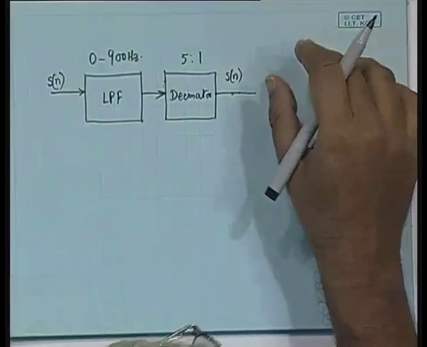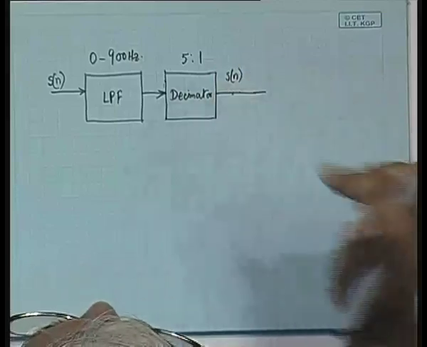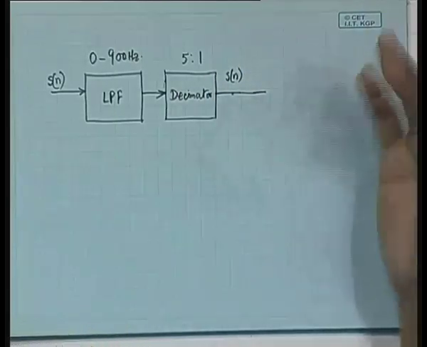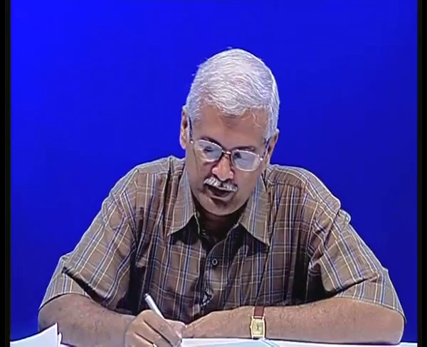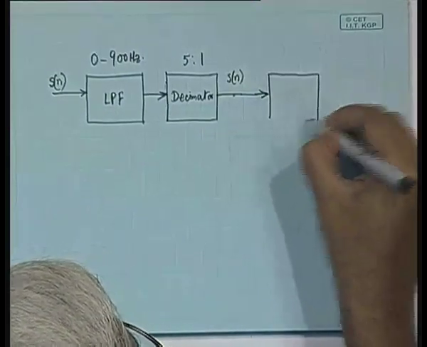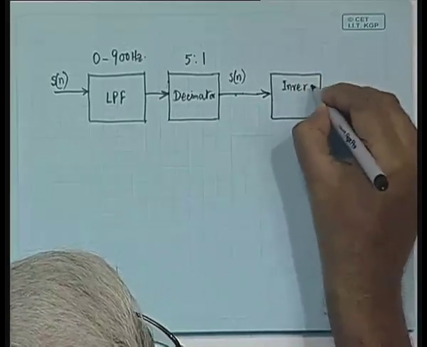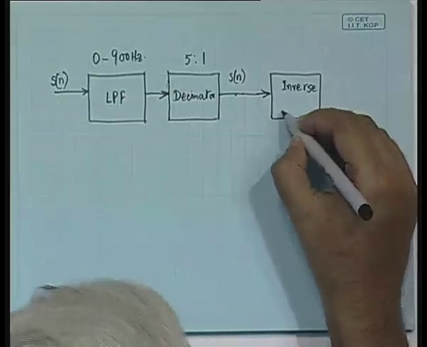So this S of n, what we have to do is to flatten its spectrum. In order to flatten the spectrum we need to have a filter, and that filter is referred to as an inverse filter, where we will be having a flattened spectrum version of this S of n.